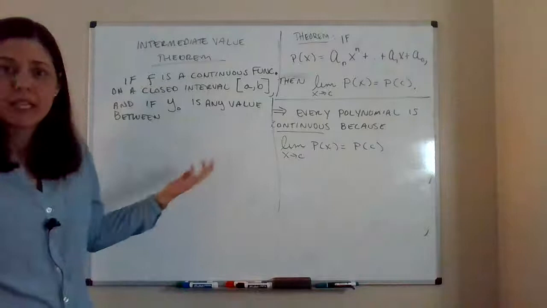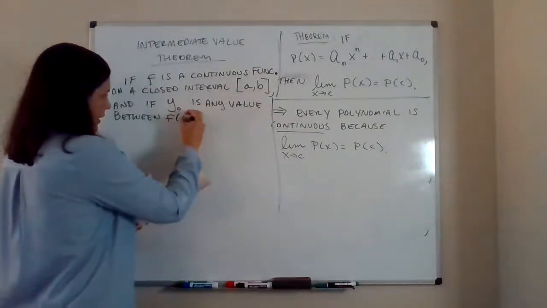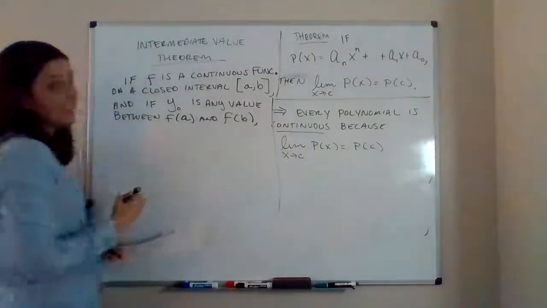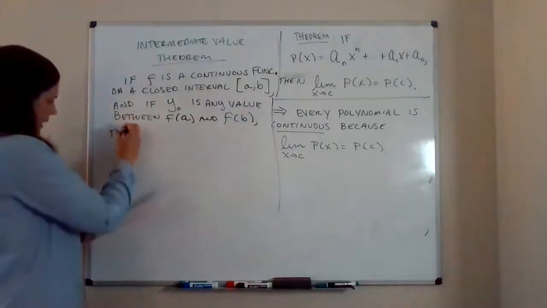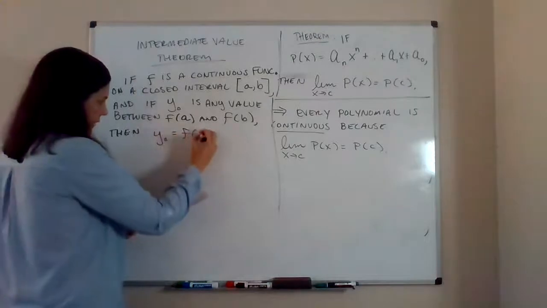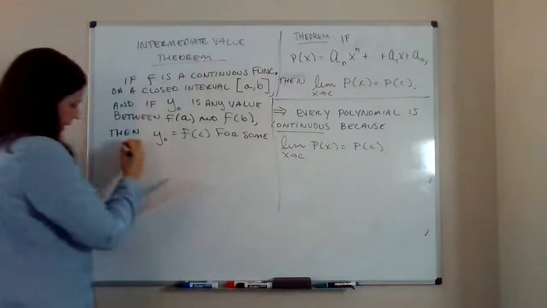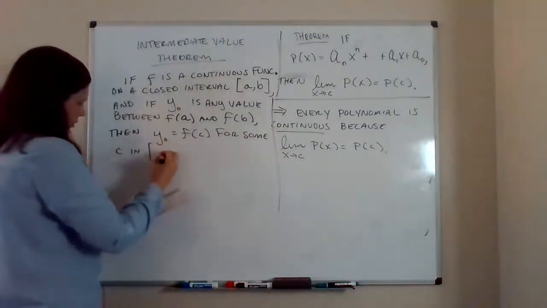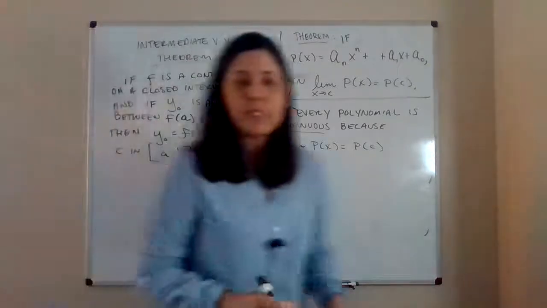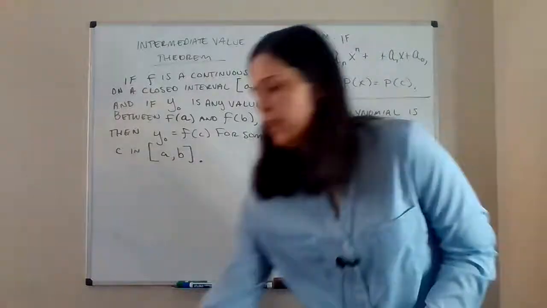Well, I use f of that x value. So between f of a and f of b, and that's the if part, then y naught is equal to f of c, and this is for some c in the interval from a to b. I will draw a picture to make this make sense, but it's really straightforward once you see it.